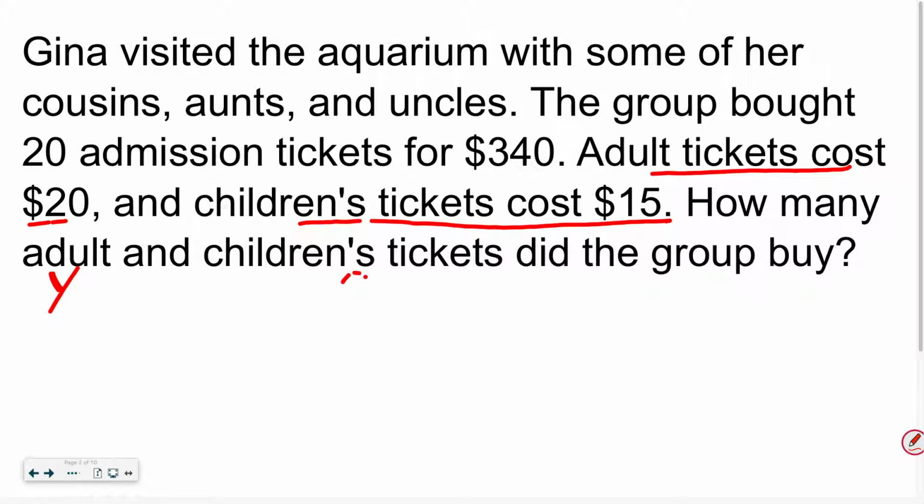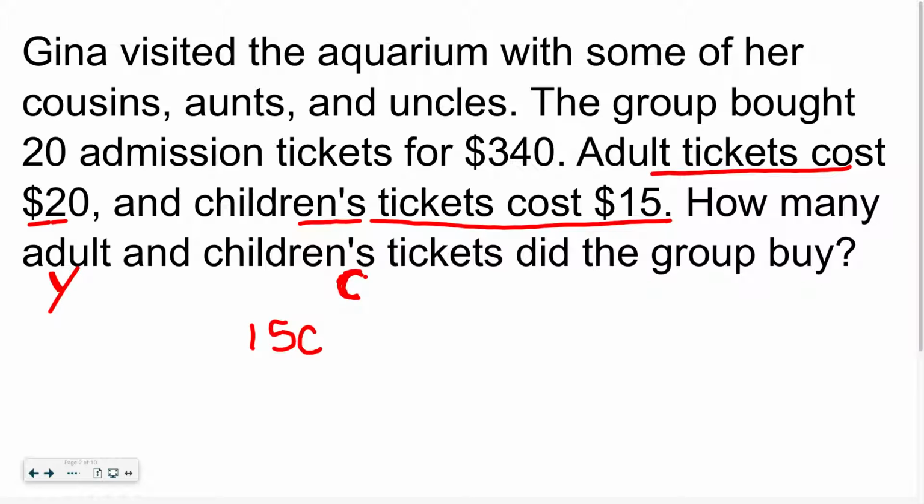How would you write that? 15C. Wait, no, 15C. Okay, so Mortimer says 15C plus. Wait, no. I don't know how. Wait, no. 15C equals. I was going to say cost, but C's are the other.